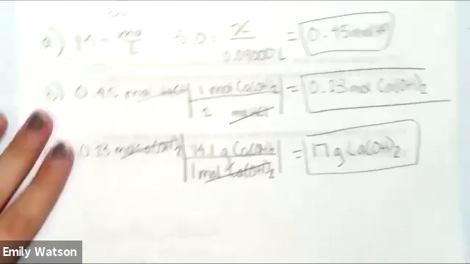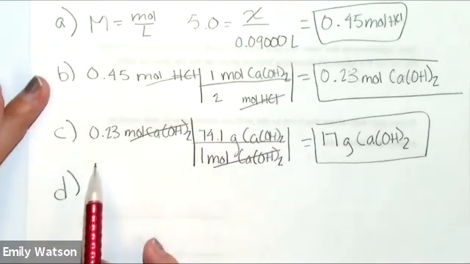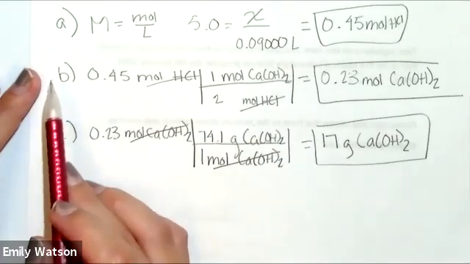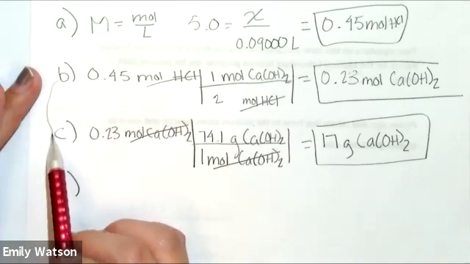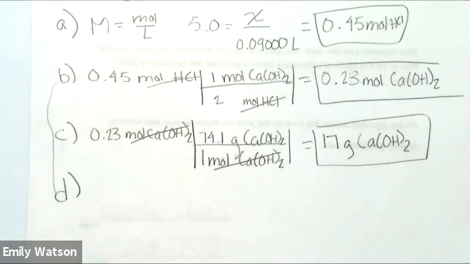Okay. So D. C is kind of an alternative if she asks you for grams, but she may go from B to D, which is what was the concentration of the calcium hydroxide?